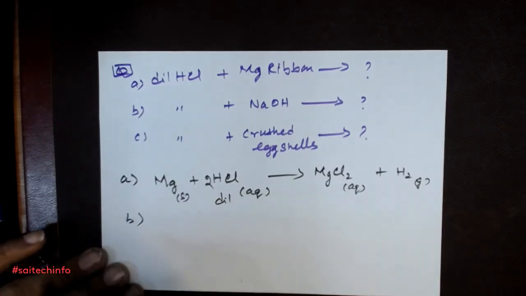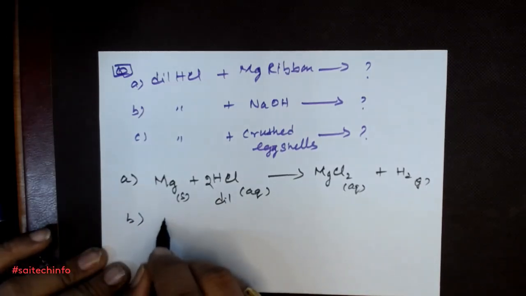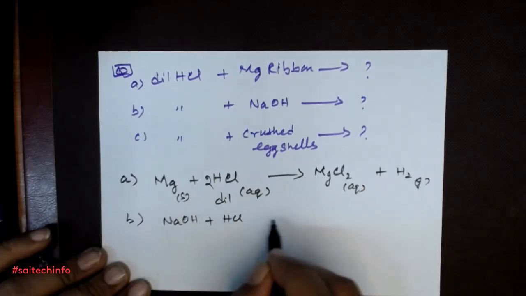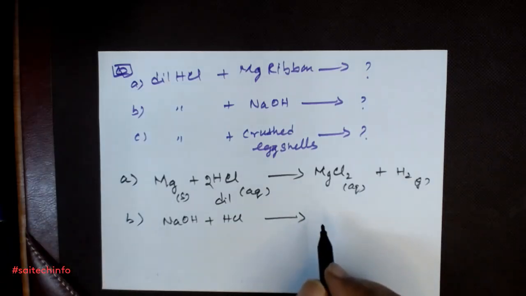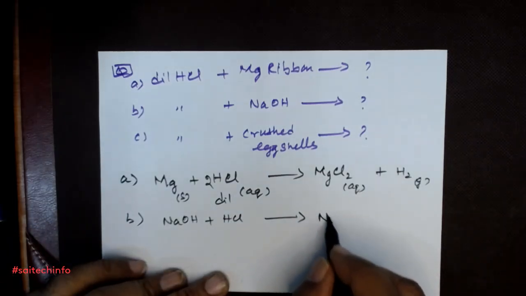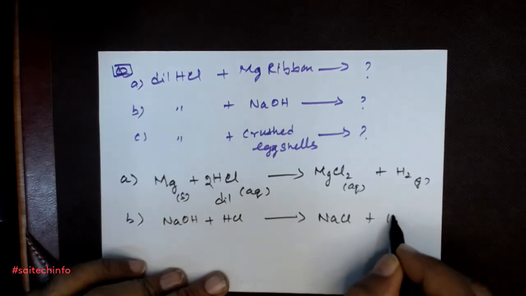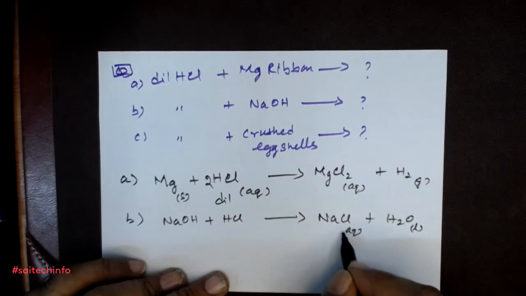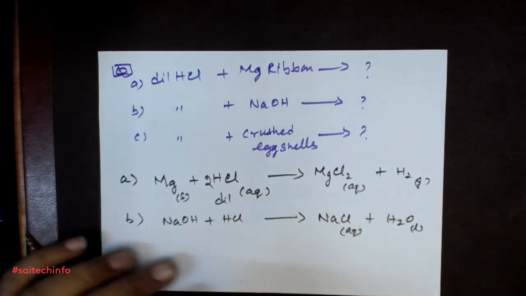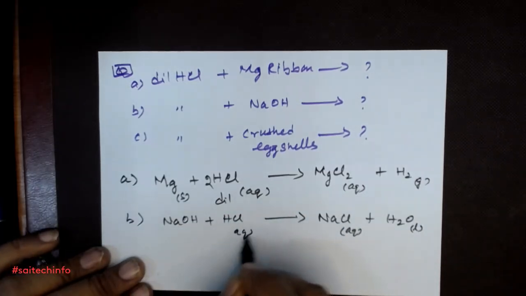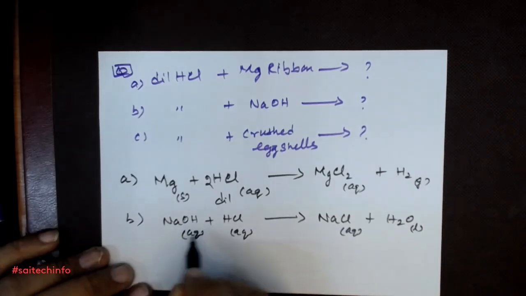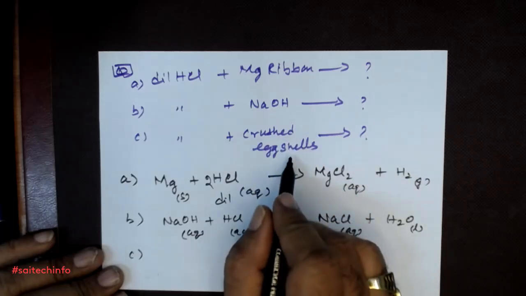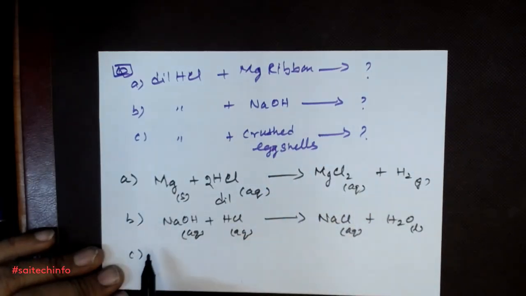And then NaOH reacts with the dilute HCl to form sodium chloride and water. Crushed eggshell is nothing but calcium carbonate.